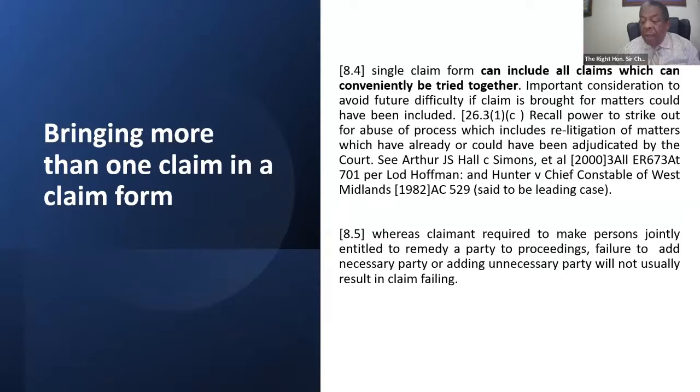And you'll recall that there's a power to strike out for abuse of process, which includes relitigation of matters which have already or could have been adjudicated by the court. And there's quite a lot of case law on that issue. I referred to one.